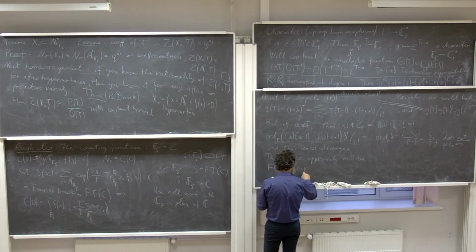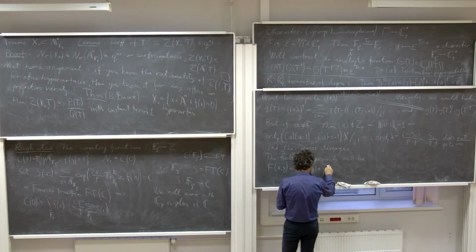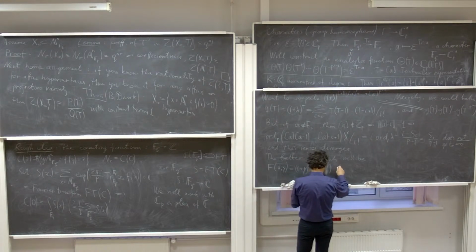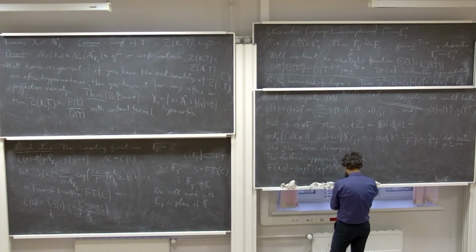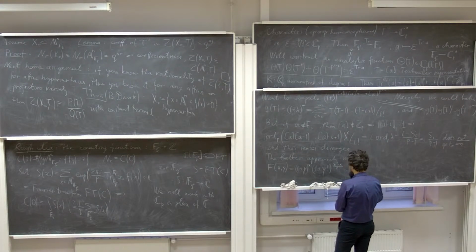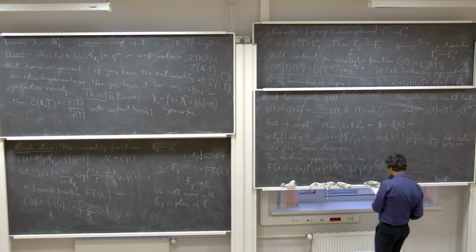It will be 1 plus y to the power x, times 1 plus y to the p to the power x to the p minus x over p, times, well, maybe 1 plus y to the p squared to the power x to the p squared minus x to the p over p squared, and so on.